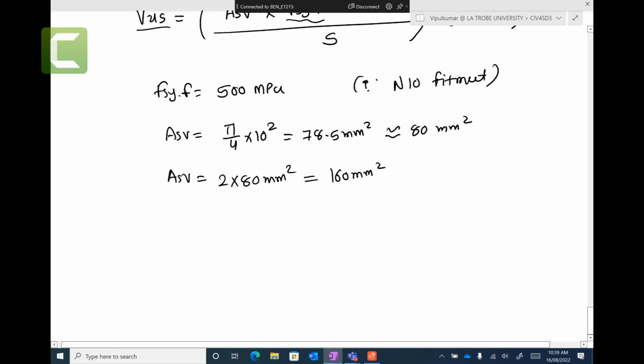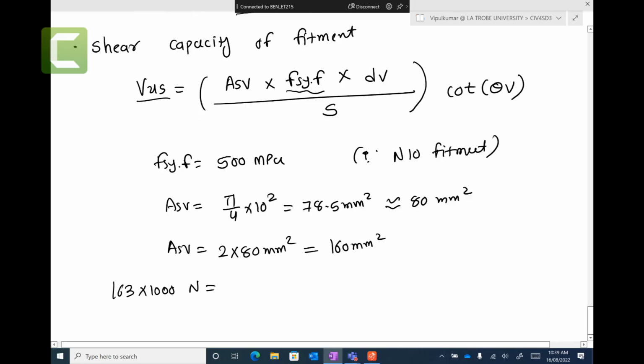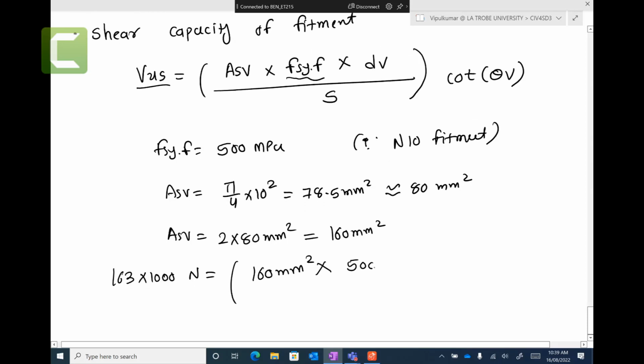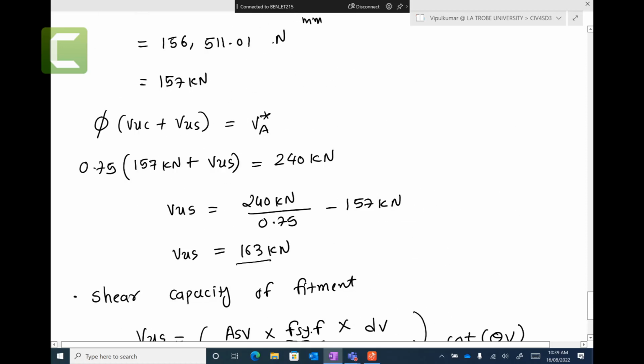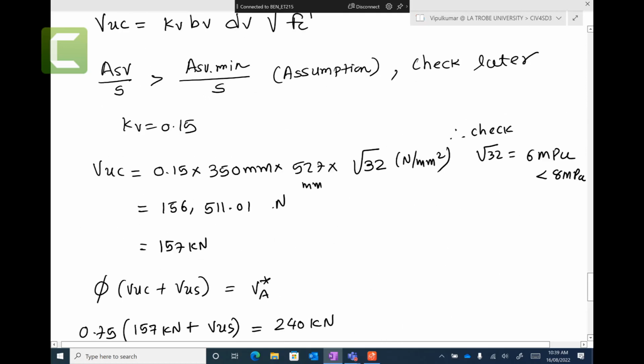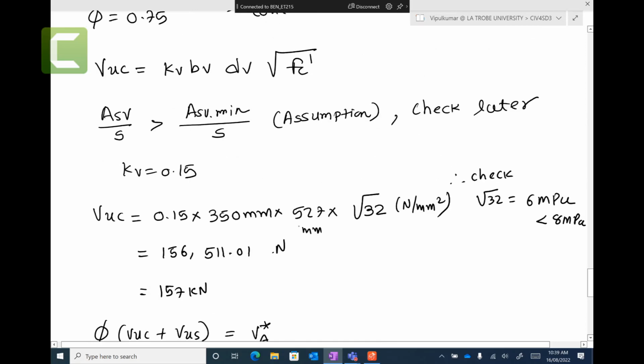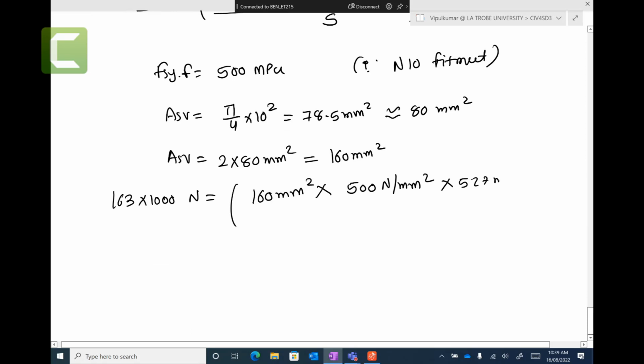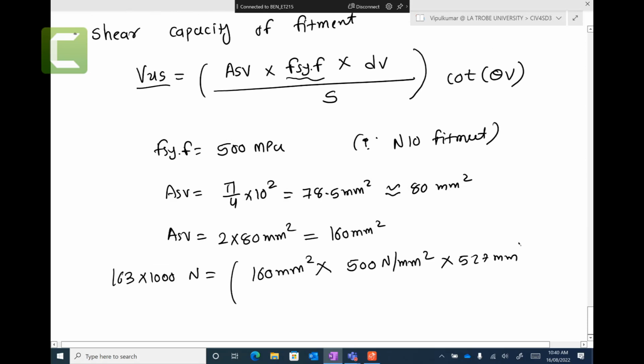We put 163 times 1000 to get it in newtons. ASV, we put 160 millimeter square. We put 500 megapascals, Newton per millimeter square. dV, I think we calculated dV before. I think we used dV many times. 527, I believe. Yep, 527. So dV, 527 millimeters over spacing S times cot 36 degree.